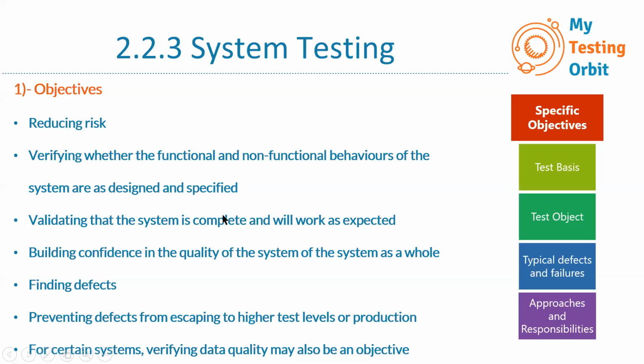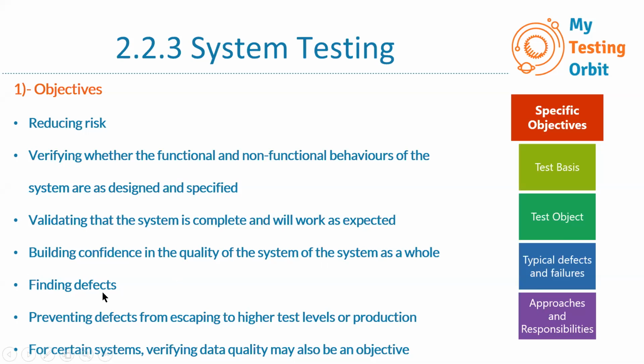None of the components or modules is missing from the system. Next is building confidence in the quality of the system as a whole. Of course, when we are testing the entire system, it boosts our confidence that yes, the quality is high and we are satisfied to release it to production.